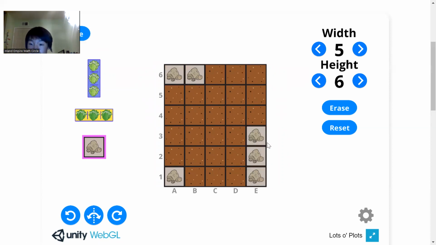All right, do you think this is solvable? Can we check mathematically first before we start going off on this? Yes? All right, let's see.